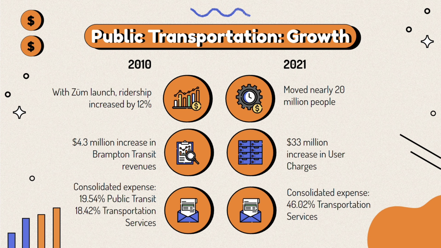The increase from 2010, when Zoom was first launched, to 2021 shows that public transportation and other transportation services do impact the economy overall. Moving on, according to the 2021 Brampton Annual Report, Brampton Transit has moved nearly 20 million people. Furthermore, a total of $33 million has increased in user charges.